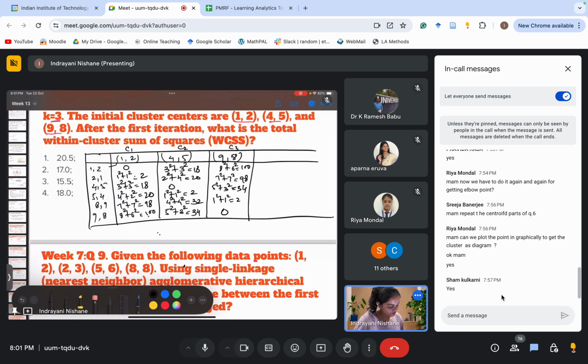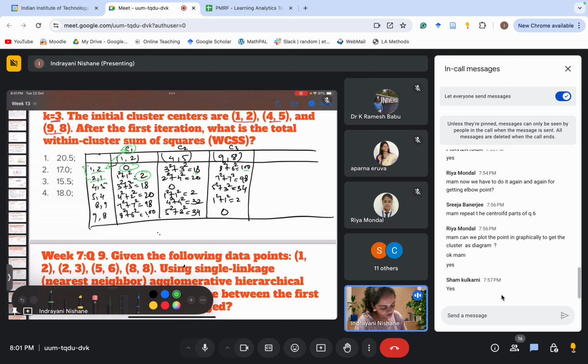So now, the shortest distance is from which centroid? C1, because 18, 100 and 0. 0 is smallest. So this point belongs to C1. 2, 20 and 98. 2 is smallest.